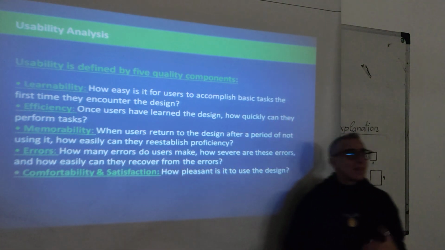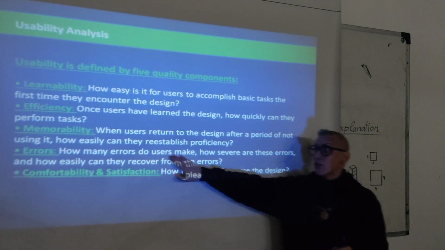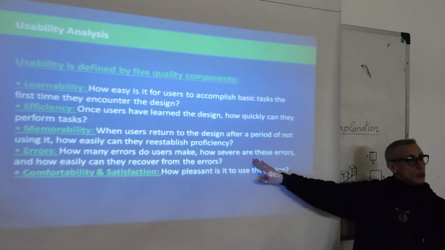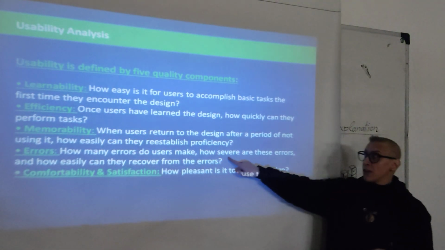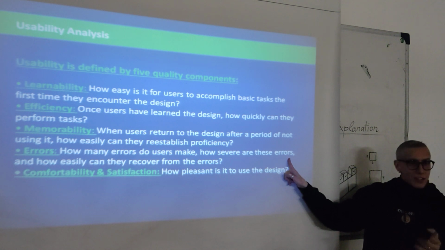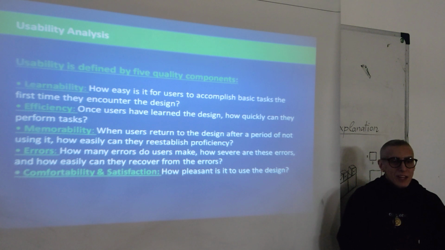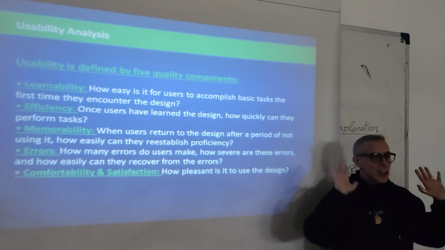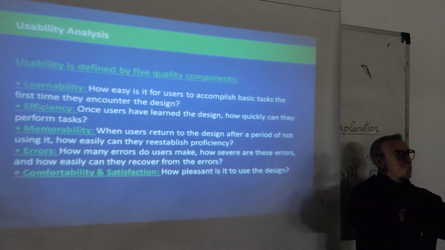Errors, meaning mistakes. How many mistakes or errors do users make while using a certain product, a program, anything that's designed basically? Then, how severe are those errors? Is it really a big deal? What could be a big deal? If I'm designing something on Illustrator, and after I finish my design, everything is perfect, I click something by accident, and everything gets deleted.